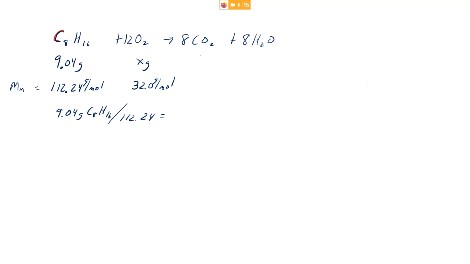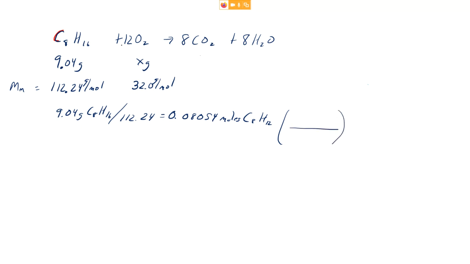I have to say divide by what? So 9.04 divided by 112.24 gives me 0.08054, and that's moles of my C8H18.